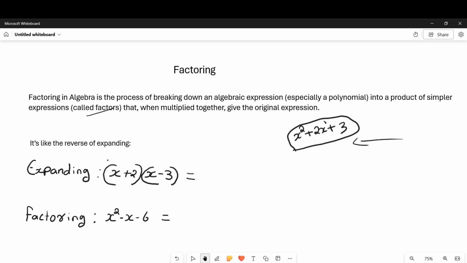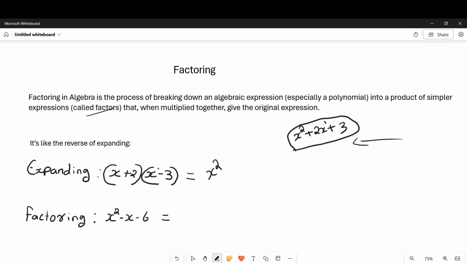Let's see an example. It is like a reversal of expanding. What is expanding an expression? Here you can see x plus 2 and x minus 3, two factors multiplied together. Let's expand this. x times x is x square.